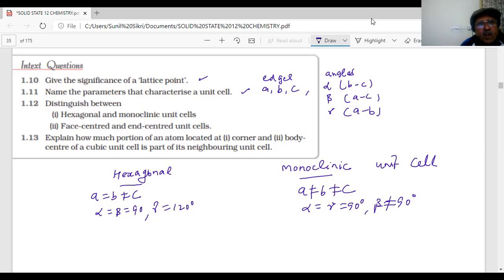Explain how much portion of an atom is located at one corner. At one corner it is 1 by 8. Body-centered cubic has 1 body center, 1.